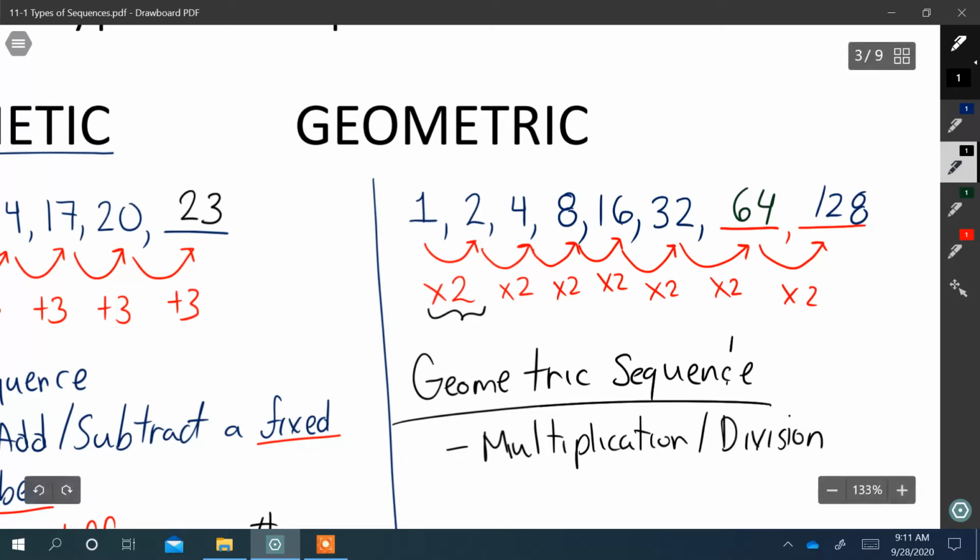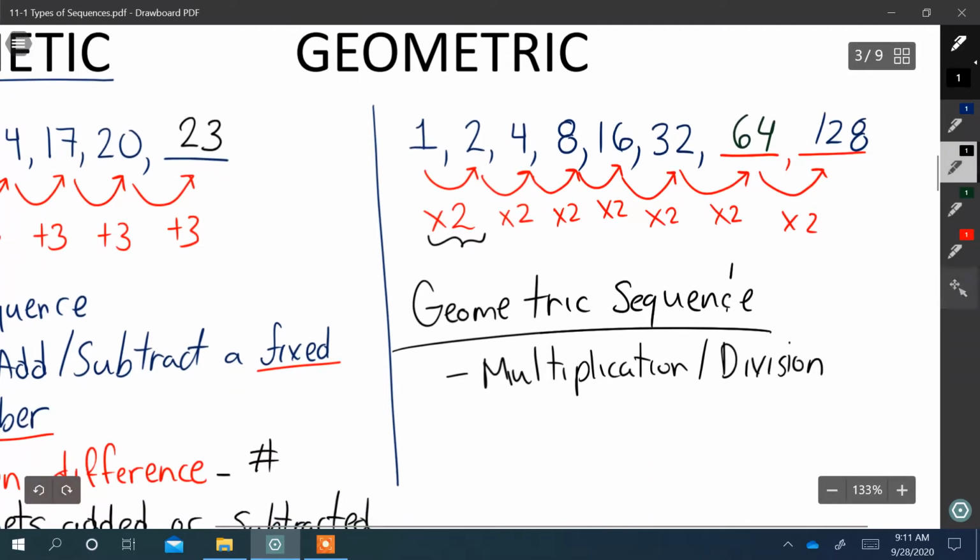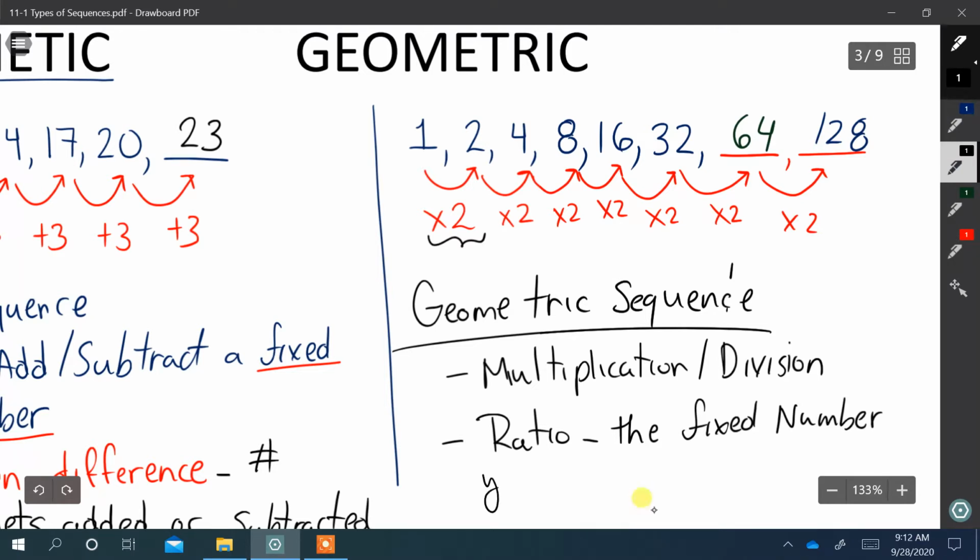And the number that we're multiplying by is called the ratio. The ratio is the fixed number you multiply or divide by in the sequence. Okay?